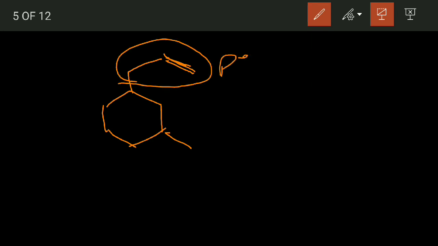Let's see another example. So if I have this one, when we start numbering, from where should you start? From any side, any one of the locants would get number one. Now you should see the alphabetical order. So this is pentyl and this is methyl.